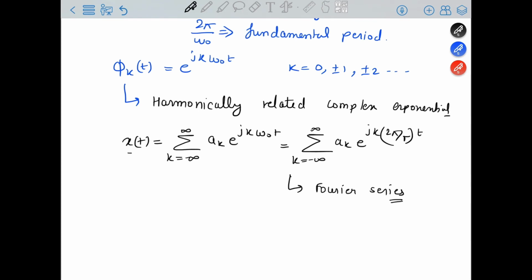So the Fourier series of any signal x(t) can be represented as a linear combination of harmonically related complex exponentials, and this is also a periodic signal, and the period is again capital T.